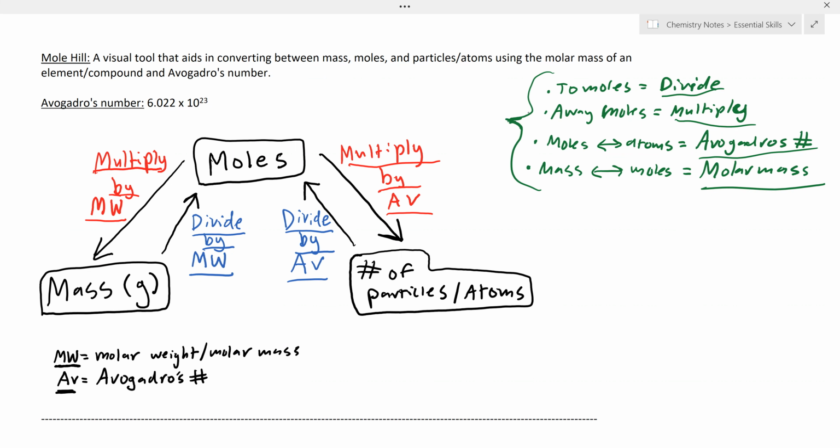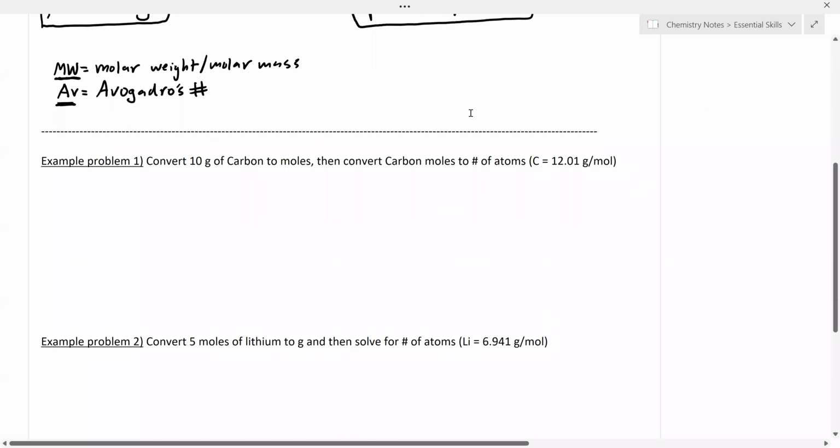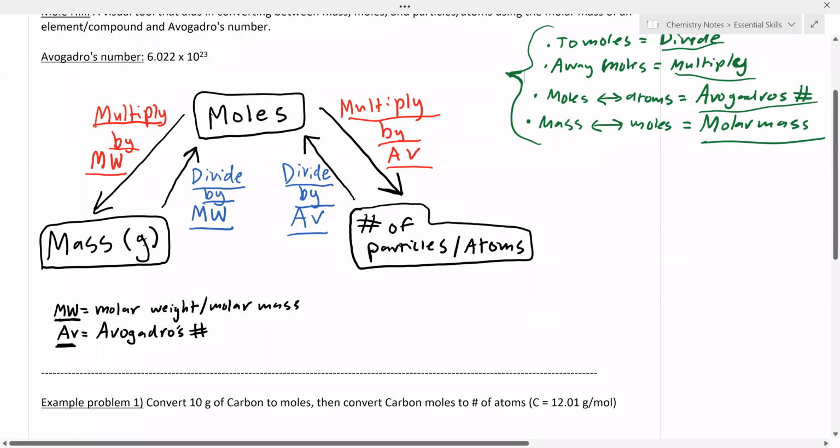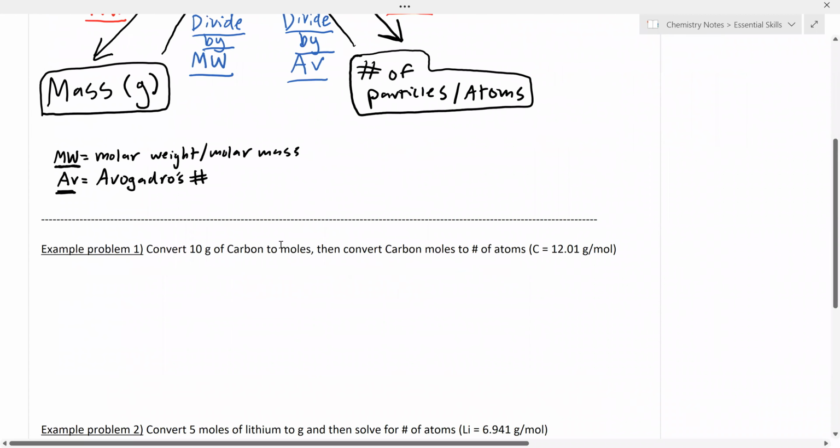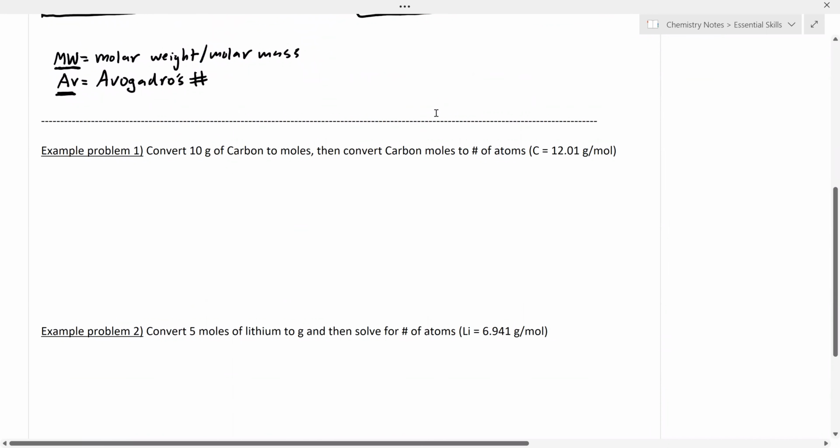Okay, now that we've gone over all the rules, we can actually apply them. I ended up compounding these problems. Instead of making multiple problems covering different things, these are kind of two-step problems. That just saves some writing space, but we'll be solving them separately, and you'll see what I mean.